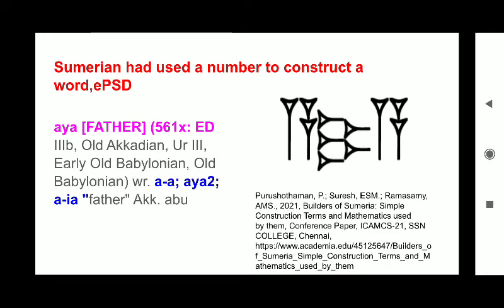So we have already seen Aya, and interestingly, if we refer to EPSD, the Sumerian dictionary, we see that Aya was written initially by A plus A, and later just A, and subsequently by 2000 BC they started writing A plus 5 plus A. Fortunate that we could see this cuneiform sign that reflects how the script evolution has taken place, and how it was difficult in the earlier days to write and read, or how it could mean many things.